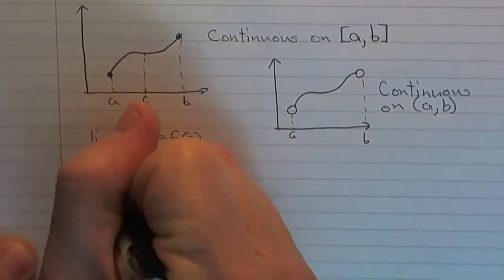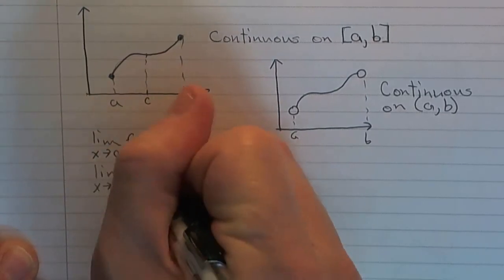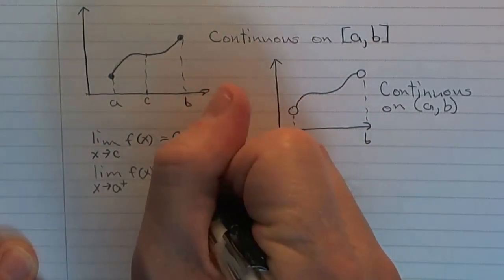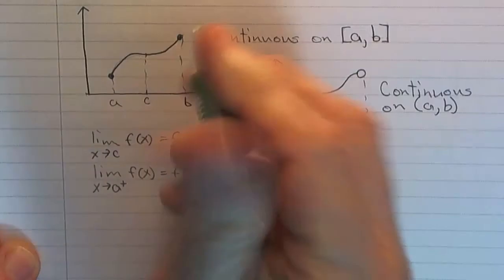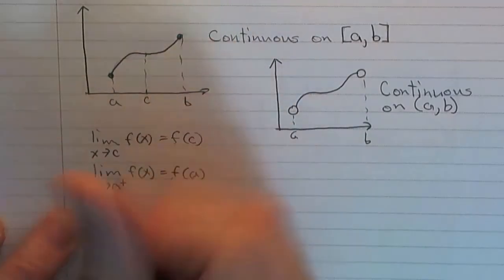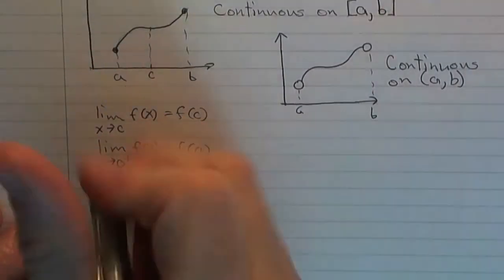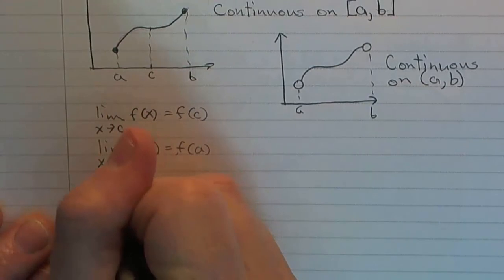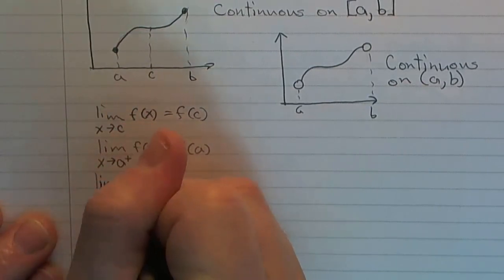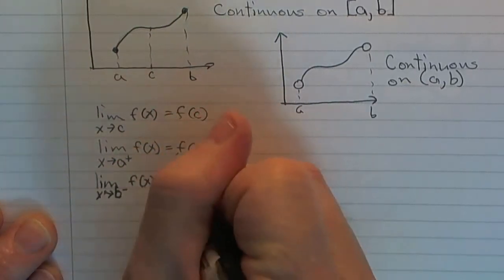The limit as x goes to a from the right, in other words the right-hand limit, is also equal to f of a. And also, the limit as x goes to b from the left is equal to f of b.